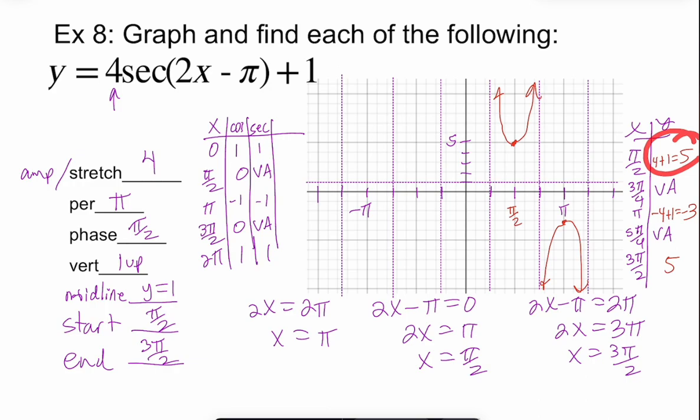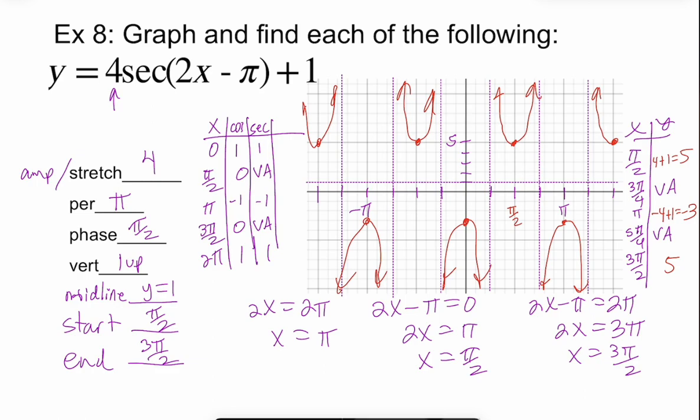Remember, these two always match. This one is the only one that's different. So this has to be a 5, so that's an upper bump. So this one has to be a down. This one has to be an up. This one has to be a down. This one has to be an up.